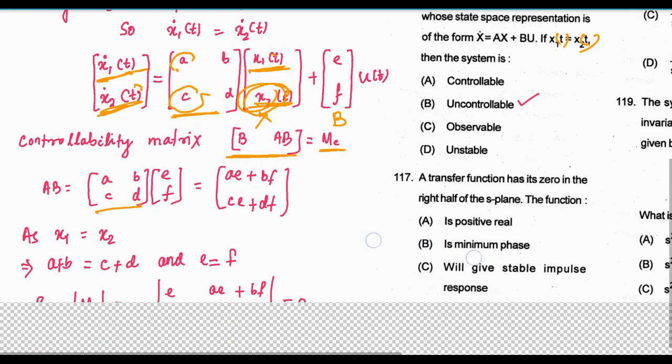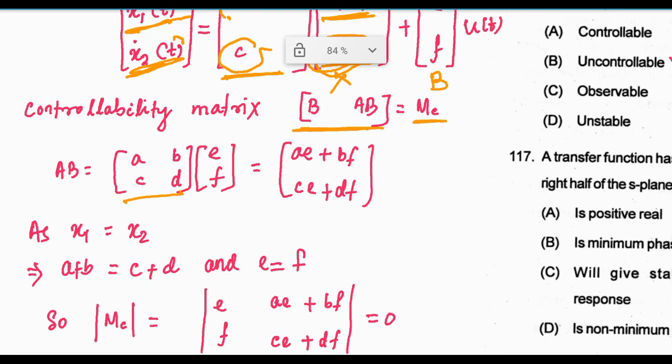As x1 is equal to x2, A plus B will be taken common, and x2 will be outside. So it will result in A plus B equal to C plus D, and due to this E will always be equal to F.